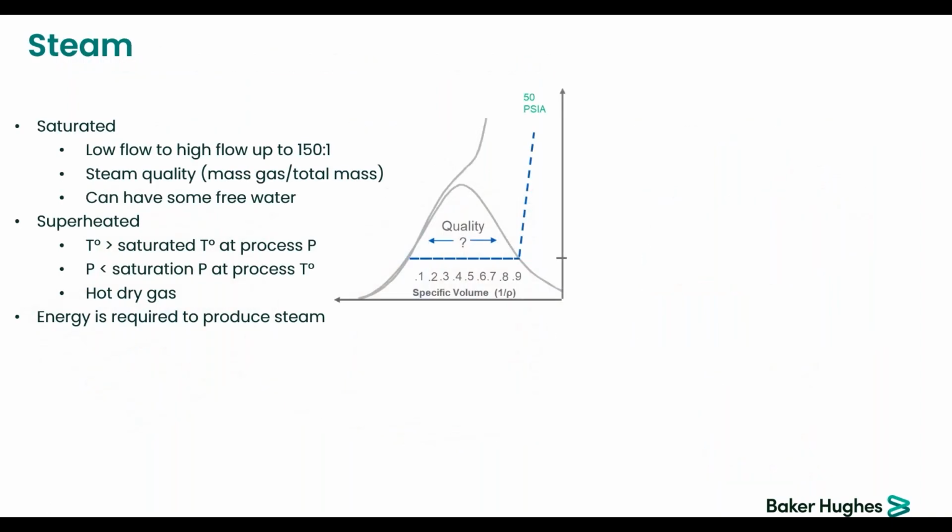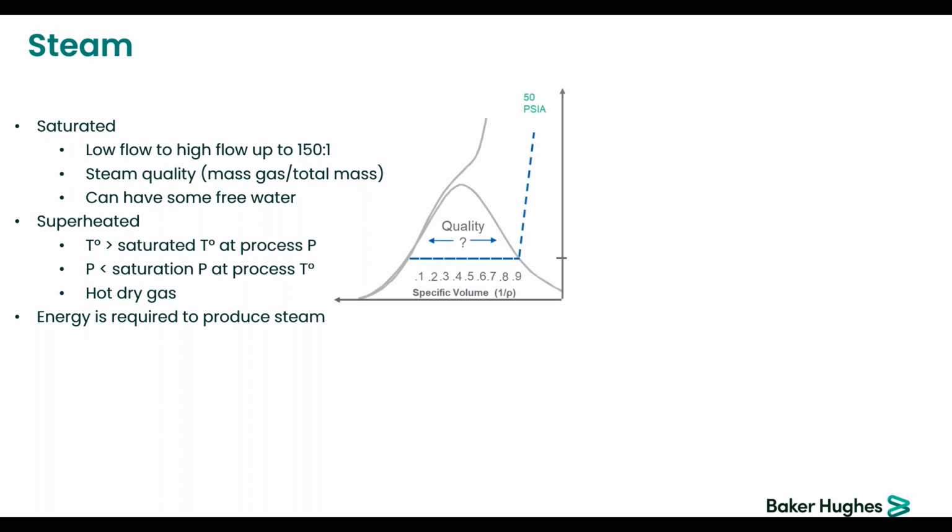There's something you need to consider when you are on a saturated steam application, which means you might have a little bit of condensate present. So we talk about steam quality. The steam quality is a mass ratio between the steam as a gas and the steam as a liquid, or the condensate. It needs to be at 92% or more.